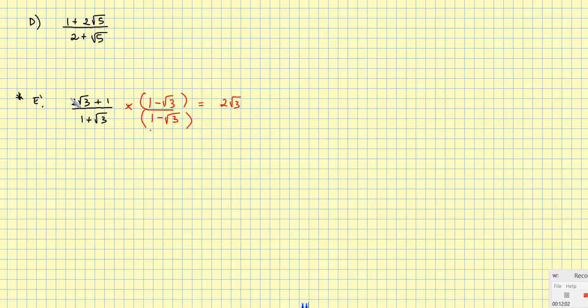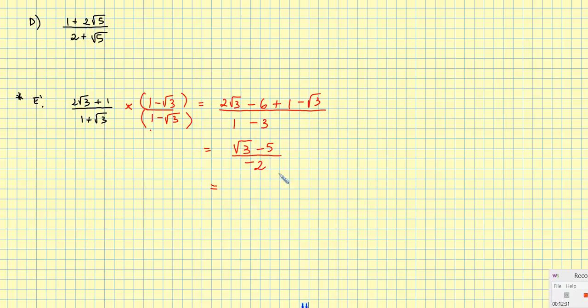So it'll be 2 root 3 minus 6, then it'll be plus 1, and then minus root 3, and that'll all be divided by 1 minus 3. And that ends up giving us, now collecting like terms, 2 root 3 minus root 3 is 1 root 3 or root 3, and negative 6 plus 1 is negative 5, and that's all divided by negative 2.